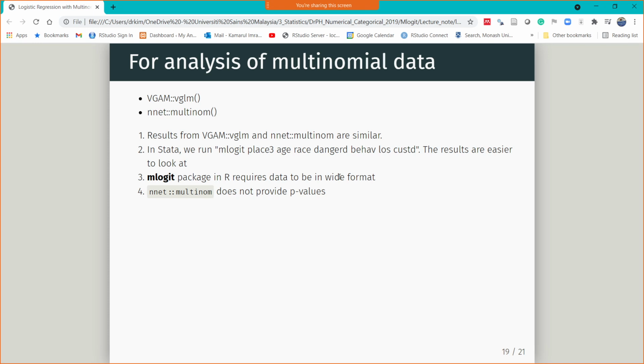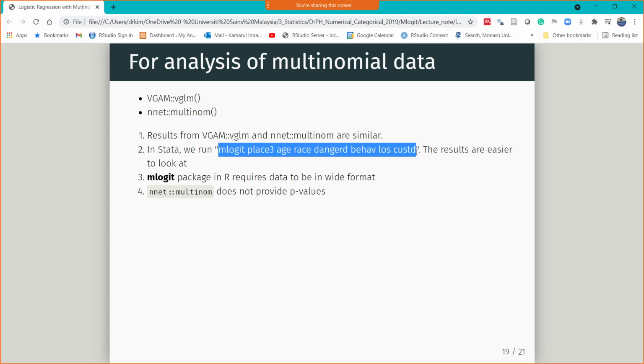But multinom does not provide p-values. If you run Stata, you can just write this code. This is a Stata code to run multinomial logistic regression.